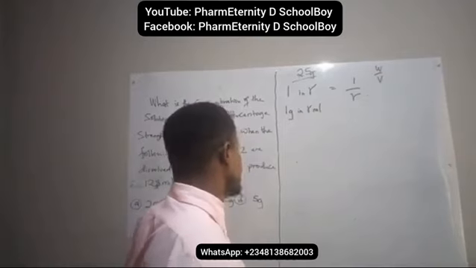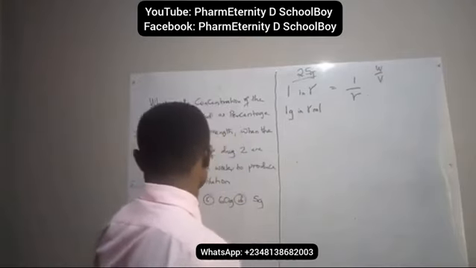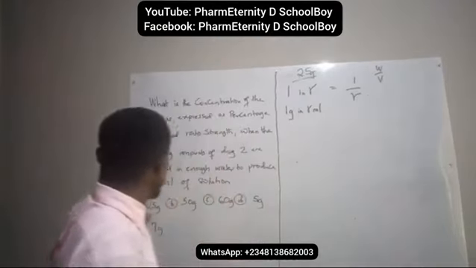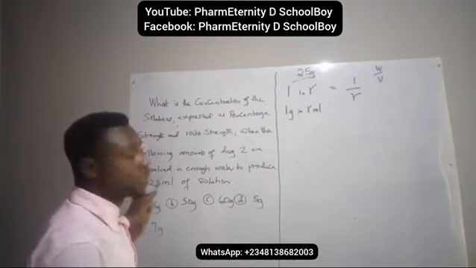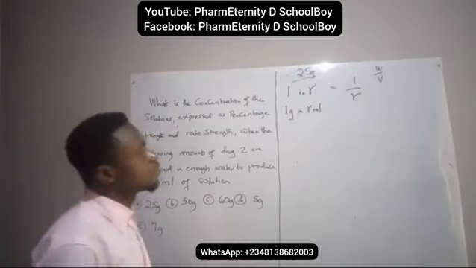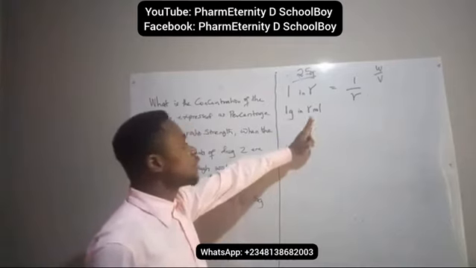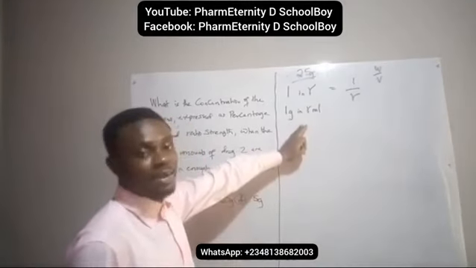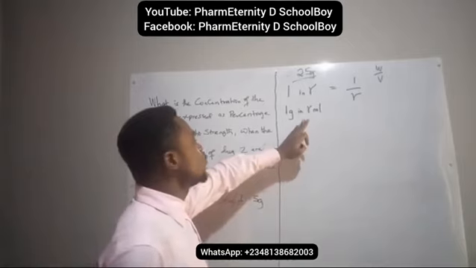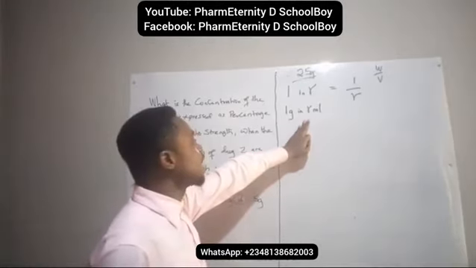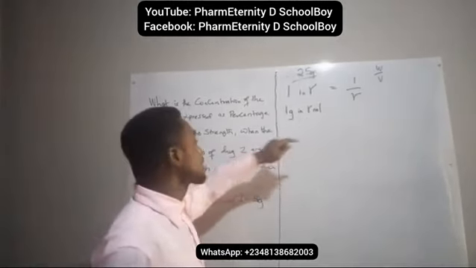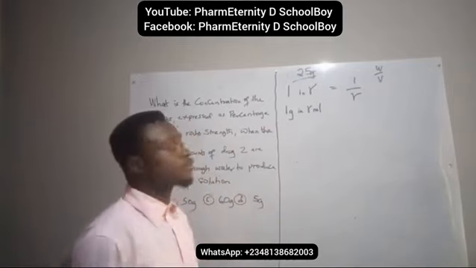Now, let's look at what we are given. We are given 25 gram in 125 what? ml. So you can use it to set up a proportion with this to find our R. When we find our R, that means we have succeeded in finding the what? The ratio strength of this solution.